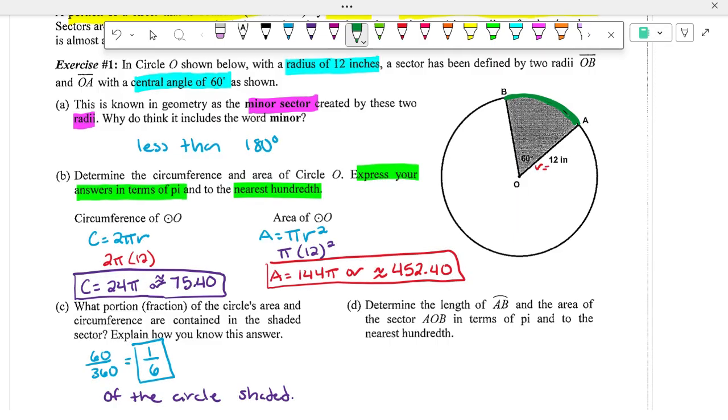What do you think I would do, Paula? Think about it logically. I know what the whole is. I know what fraction I'm trying to find. So what do you think I'm going to do? Right, that's exactly what you would do. You would multiply your circumference by 1/6.